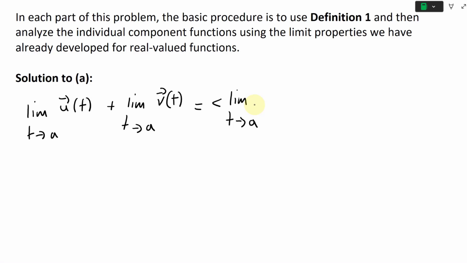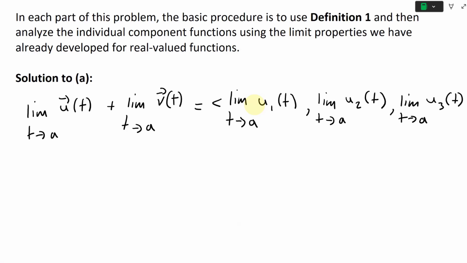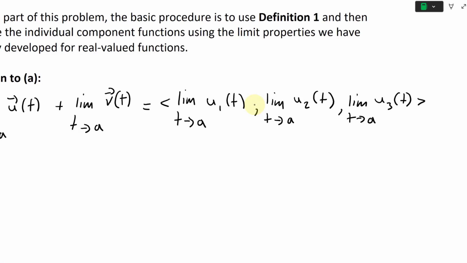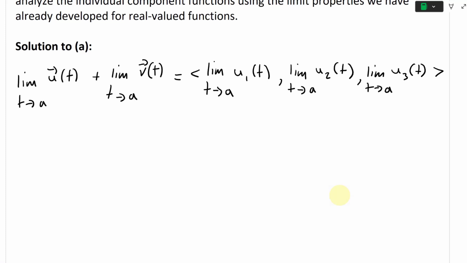This is going to be the limit as t approaches a of u1 of t, and then the limit as t approaches a of u2 of t, and then the limit as t approaches a of u3 of t, like that. That's the u one. Now we have to add the v one. I'll try to write it a bit smaller.